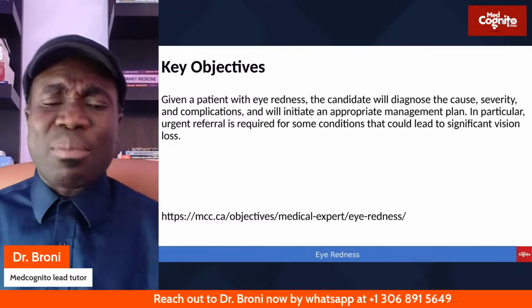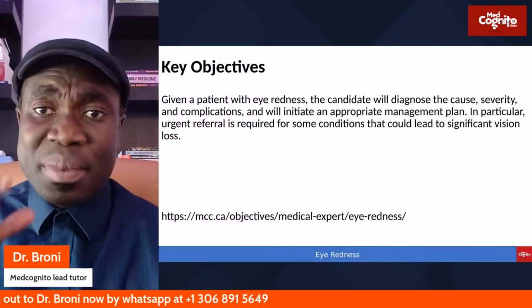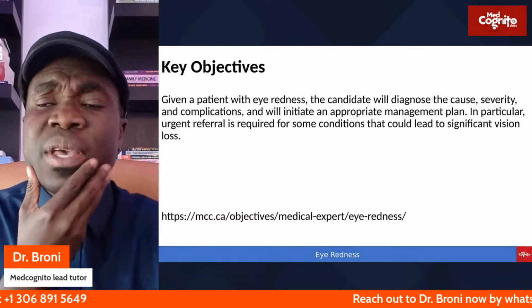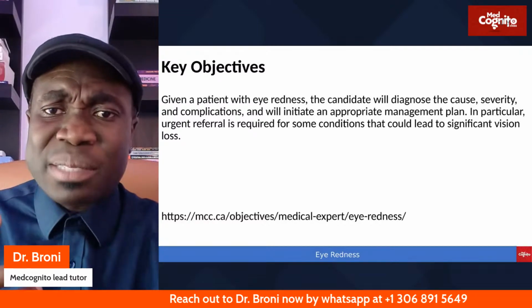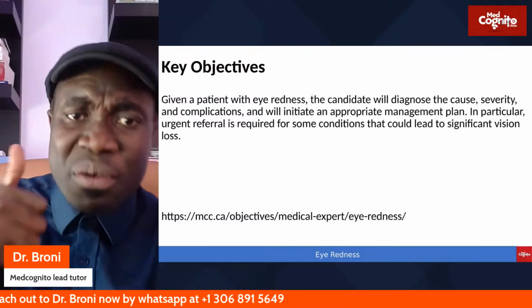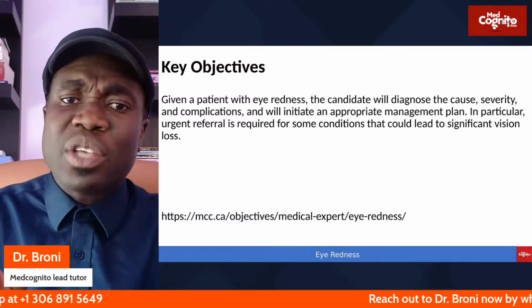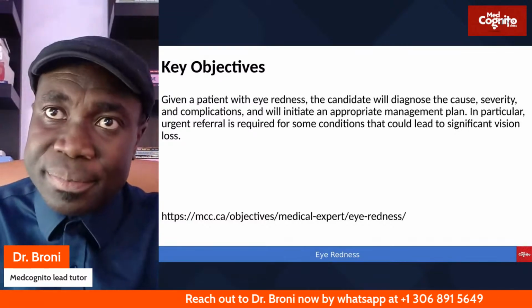Now, there are some objectives you have to know if you are preparing for an exam or if you are planning on taking care of patients with red eye. The objective is that when you have a patient with red eye, you must be able to diagnose the cause of the red eye, the severity of the red eye, the complications of red eye, and you must also initiate an appropriate management plan.